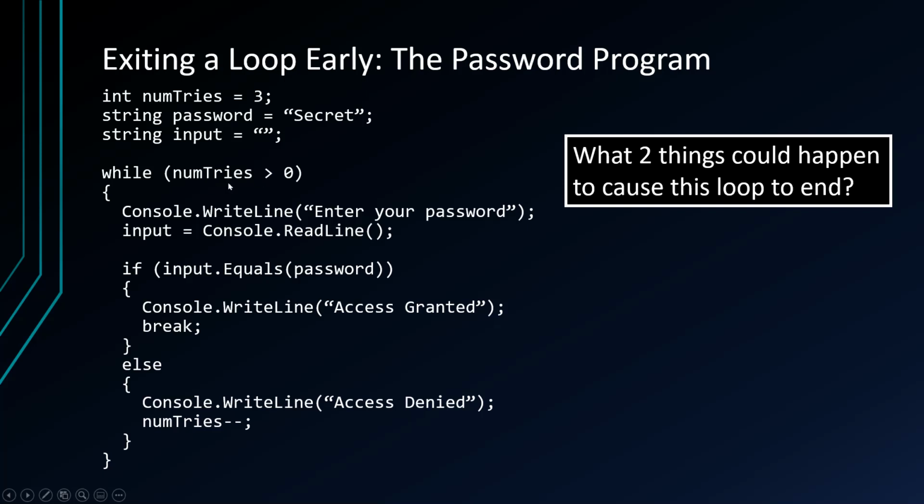Now, this test condition doesn't have to be just one test. You can use a compound statement here. You could say while numTries is greater than 0 and something else, or something else. You can do whatever you want as long as whatever's in those brackets evaluates to a true or a false. You could even say while true. Whoa, what?